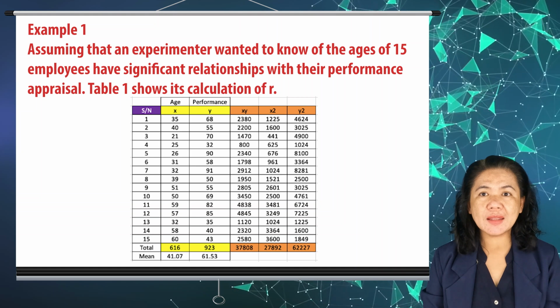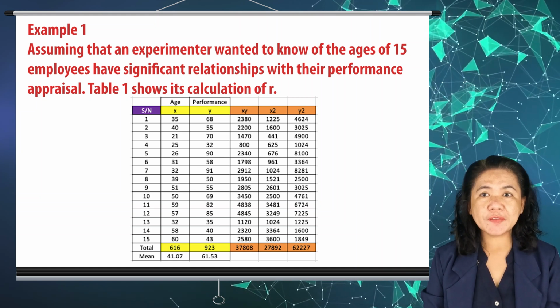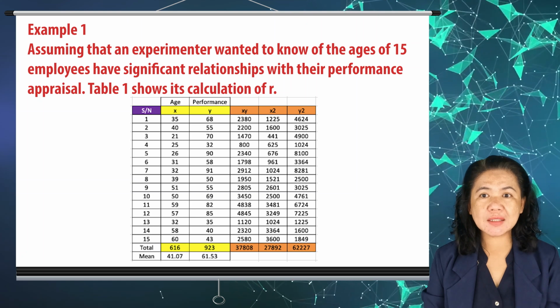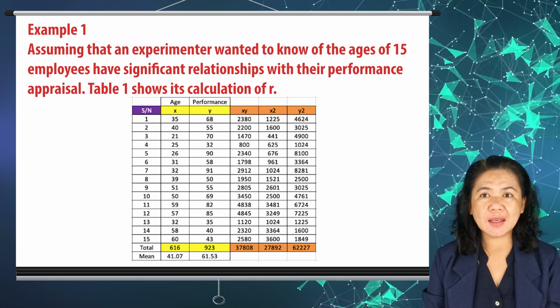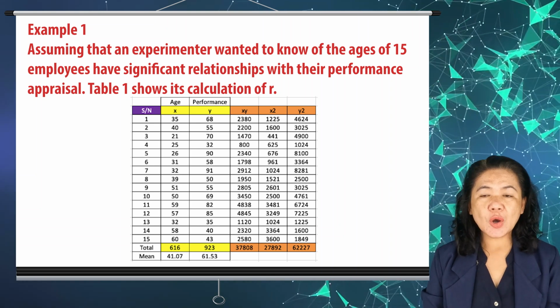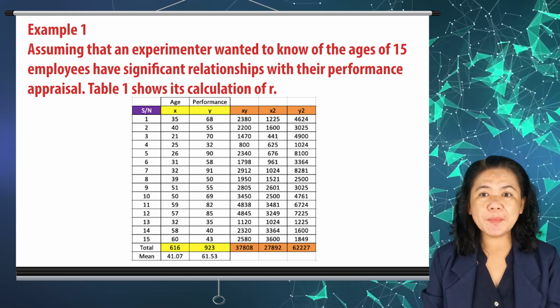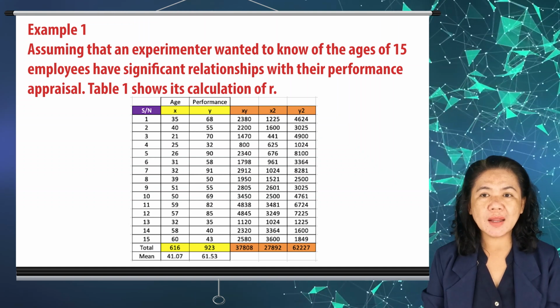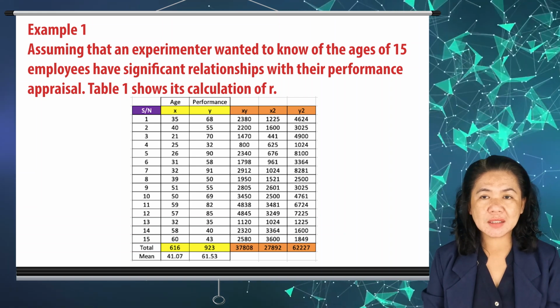As you can see in the table, in column 1, we have the 15 employees. In column 2, their corresponding ages labeled as X, with a total of 616 and a mean of 41.07.